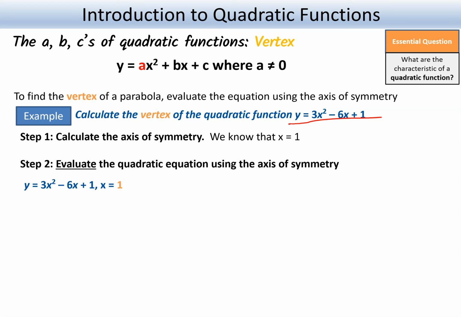So we have y equals 3 times x squared minus 6x plus 1, and we're going to say that x equals 1, our axis of symmetry. We're going to evaluate. So we get 3 times 1 squared minus 6 times 1 plus 1.